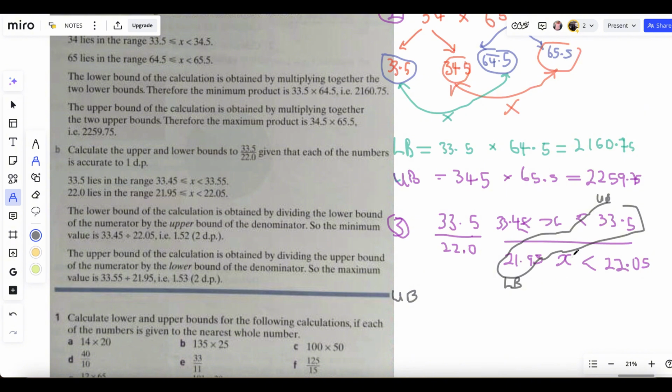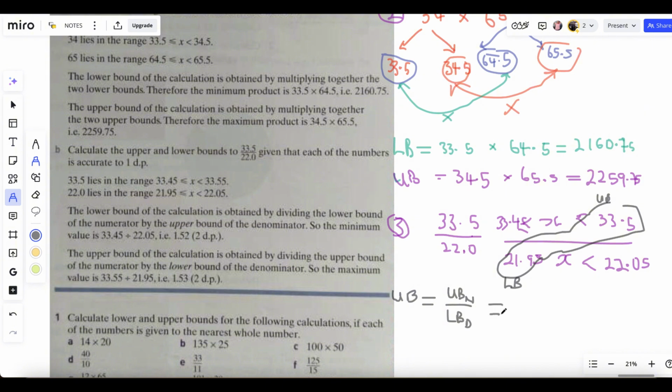But division, if you're looking for upper bound, you say the UB of numerator, over the LB of denominator. I write this subscript D to mean denominator.